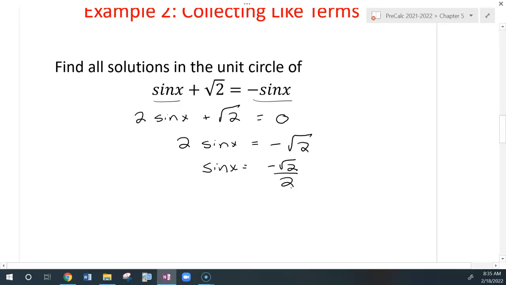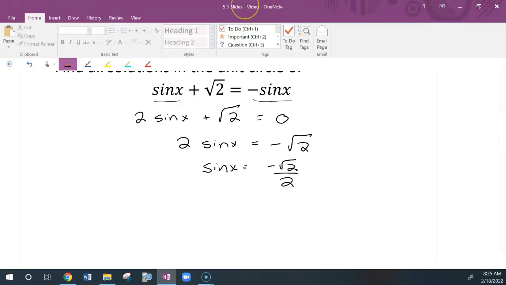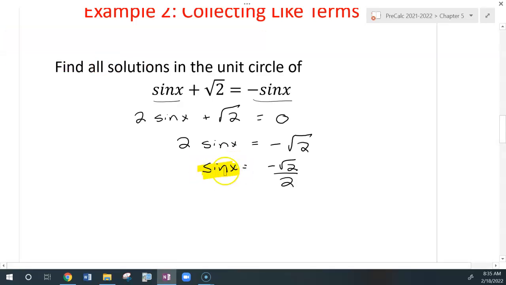I also want to point out that what I'm doing is isolating the sine x. I'm treating that like it's the variable until the very end. Now I'm going to go to my unit circle, and I'm going to find those places where sine of x is negative square root of 2 over 2.